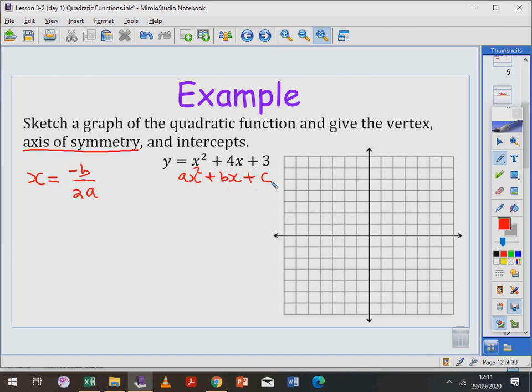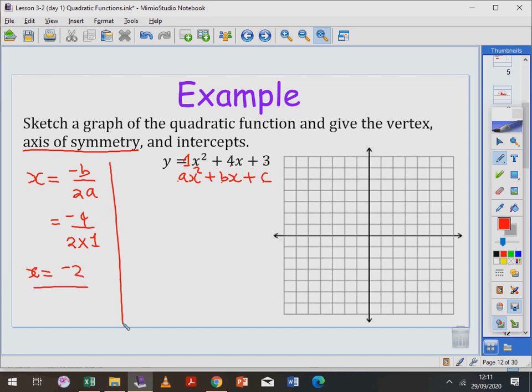According to this, b is 4, so negative 4, divided by 2 times a, which is 1. I hope you can see there's a 1 here, so that's the value of a. b is 4, and c is 3. So the x coordinate of the vertex, or the axis of symmetry, is negative 4 over 2, which is negative 2.